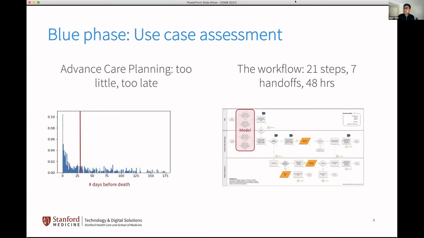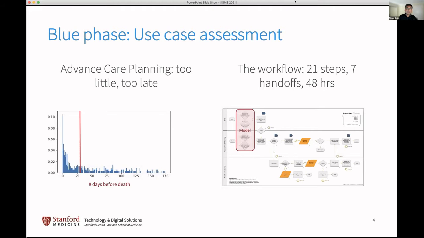So in understanding this use case, on the left is a little plot showing on the x-axis the number of days before someone dies, and on the y-axis the percentage of individuals who've had a conversation documented about advance care planning. Now, as you can see, the majority of the conversations happen 30 days before somebody passes away, which is not ideal.